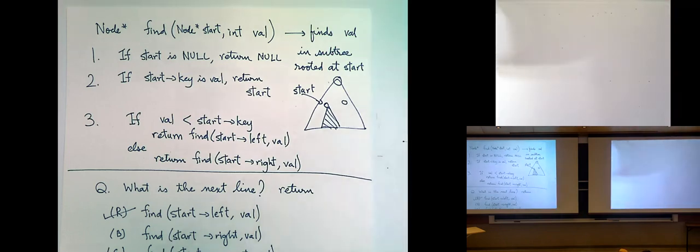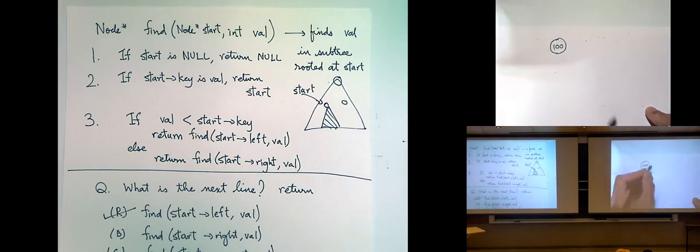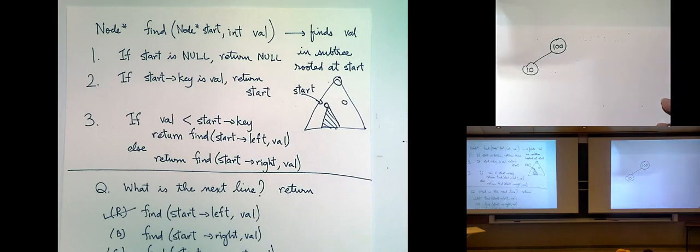So maybe this is a good thing to ask. So here's a node, right? That has 100. You went here, that has 10. Now let's look at all the values here. Okay? Which of these is true?